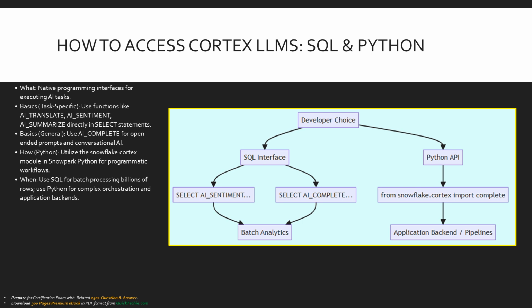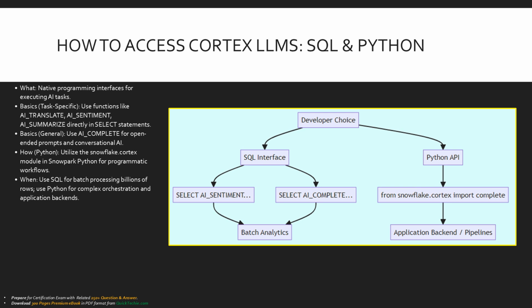This flow diagram clearly maps out the dual pathways developers can take when accessing Cortex. From the developer choice node at the top, we split into the SQL interface on the left and the Python API on the right. Following the SQL path, you can see examples of direct function calls like AI Sentiment and AI Complete, which natively feed into batch analytics for massive datasets.